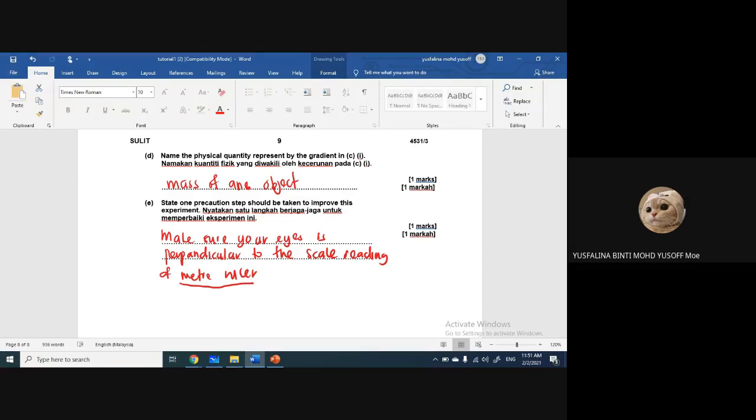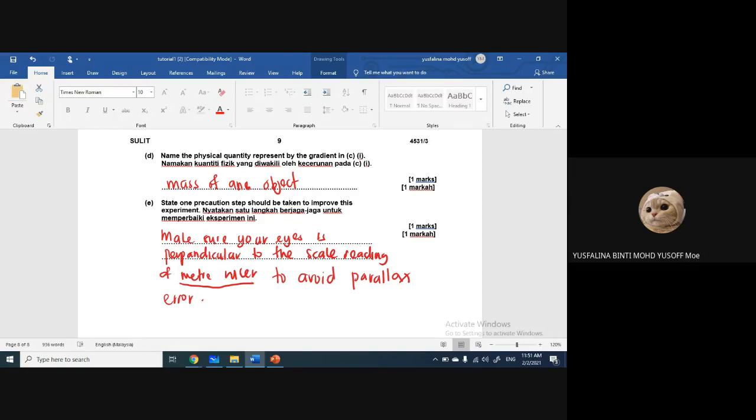For this one we use a meter ruler to avoid parallax error. Please remember this precaution. This one can be accepted for all experiments as long as you put the correct measuring tool. Don't leave out any words, not even one word.